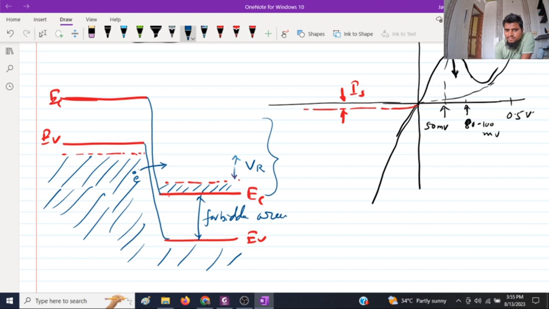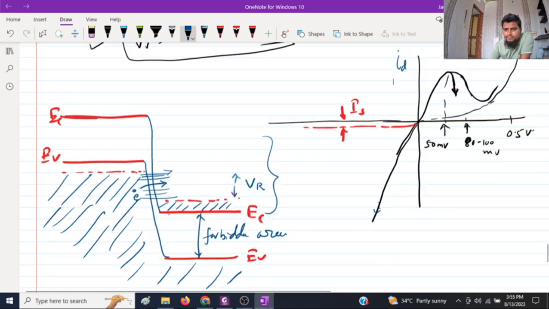That's all, and that's why these electrons will tunnel. And as you keep on increasing, more and more area will come where tunneling can happen. And that's why as you increase the reverse bias, the tunnel current will increase. So this is the complete IV characteristic of a tunnel diode.